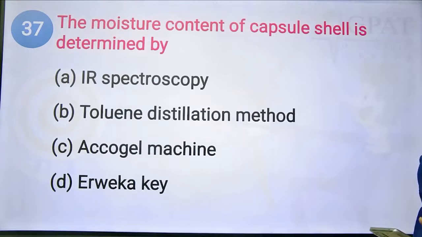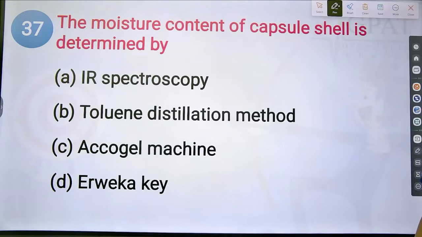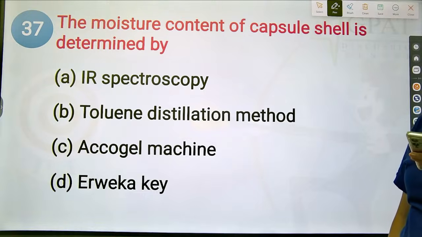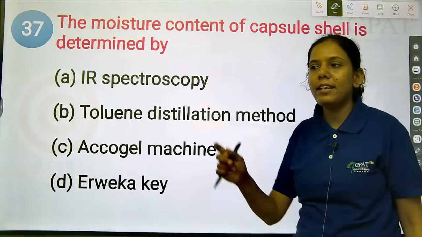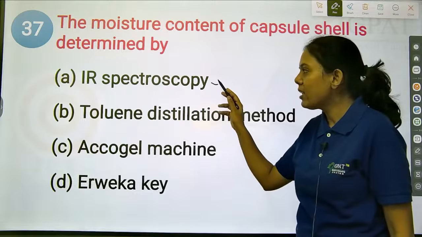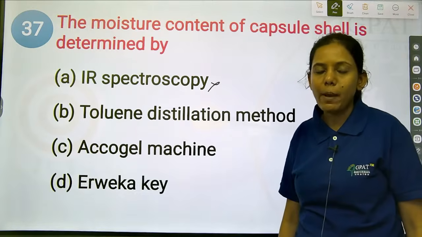Okay, the moisture content of capsule shell is determined by. Can you tell me what should be the answer? The moisture content of capsule shell. Definitely there is a limit. How will you determine? IR spectroscopy will not tell you about the capsule shell.